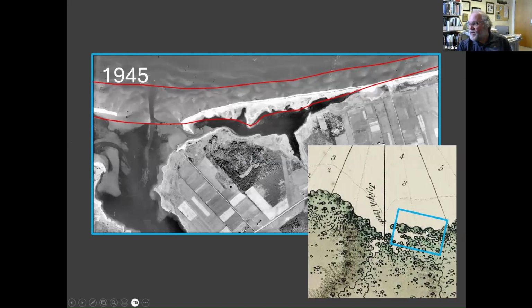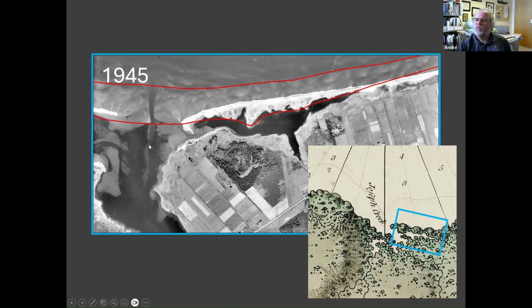But here you have the leftover of the sandbar. It has reduced in size. Usually it would have gone all the way out to where the mouse is pointing on the left. The water here was deep enough so that fishing boats could get in and out of that little miniature bay.